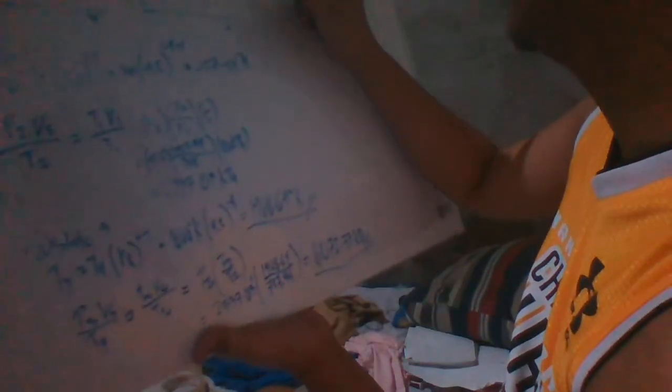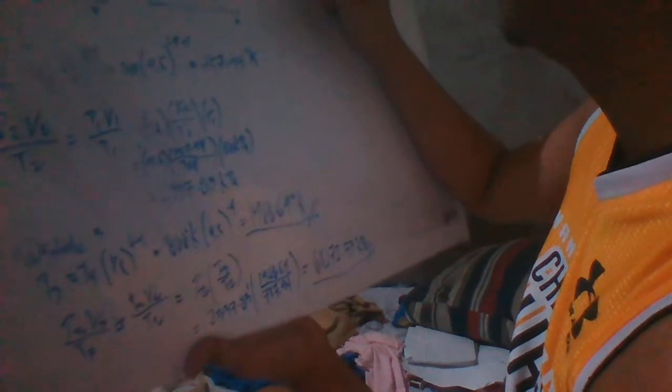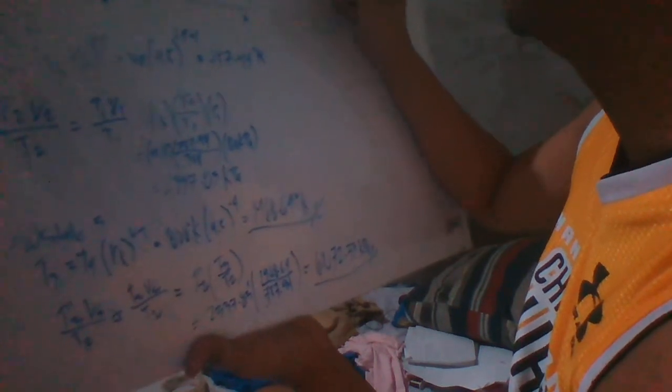So now we have accomplished one question. Now we will look for the efficiency. Efficiency is equal to work net over Q added.